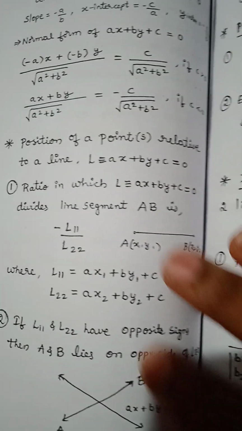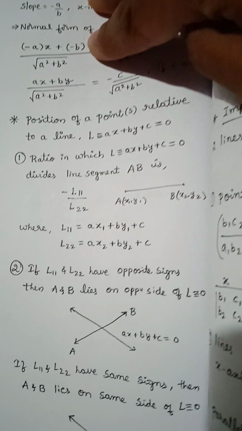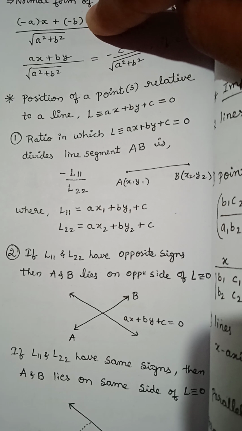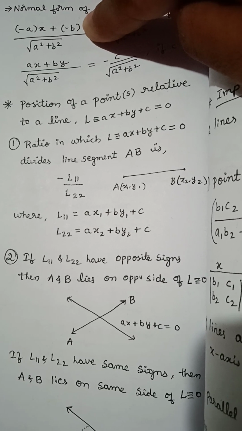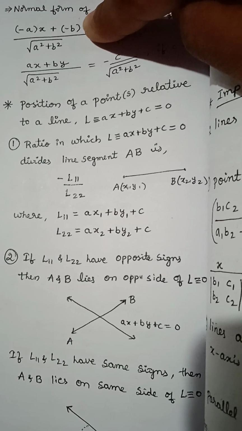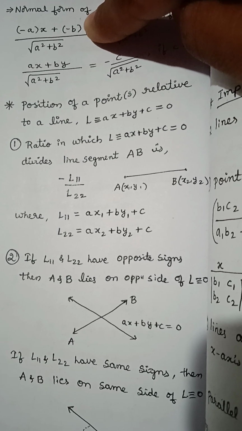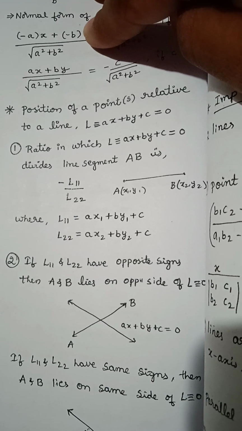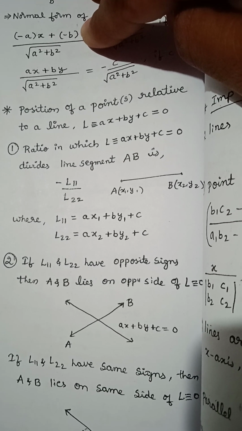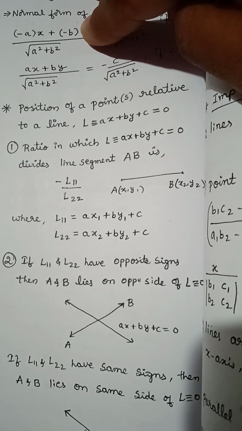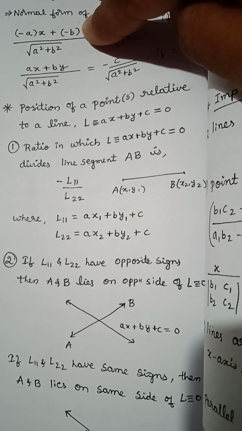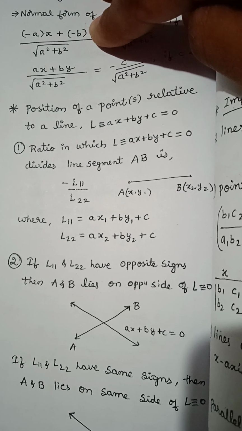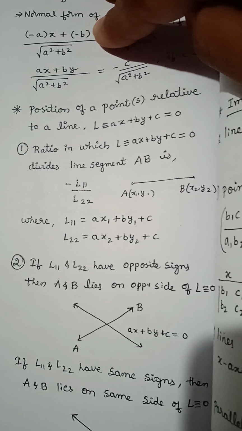Let us move on to the position of a point. It's related to the line ax plus by plus c equal to 0. Suppose the ratio in which this line divides the line segment joining the points A and B would be minus L11 by L22.